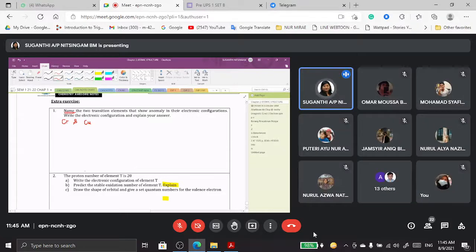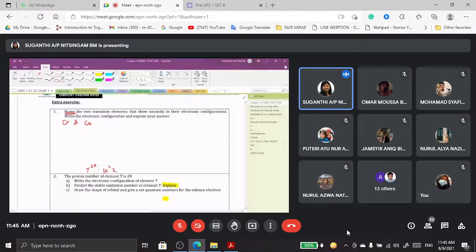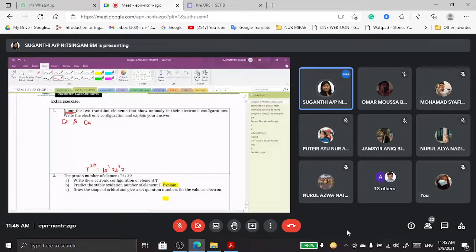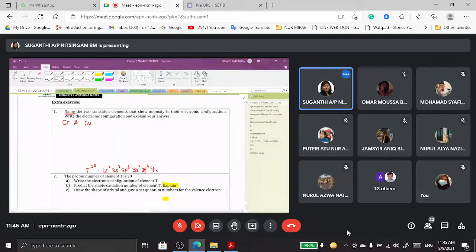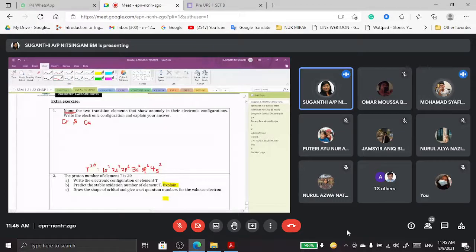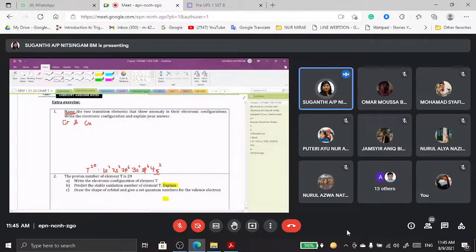So untuk kita nak ni, kita tengok betul-betul dulu. Bila kita tulis Ti20, so it is 1s2, 2s2, 2p6, 3s2, 3p6, 4s2 lah kan? So when they ask you to predict the most stable oxidation number, you will take out this 4s2.